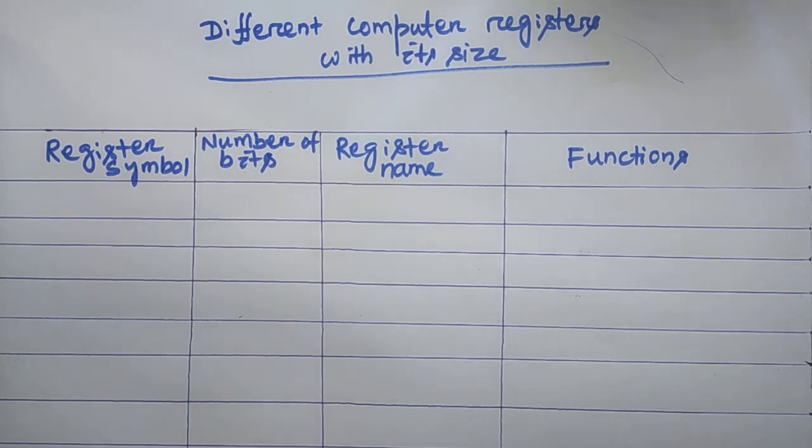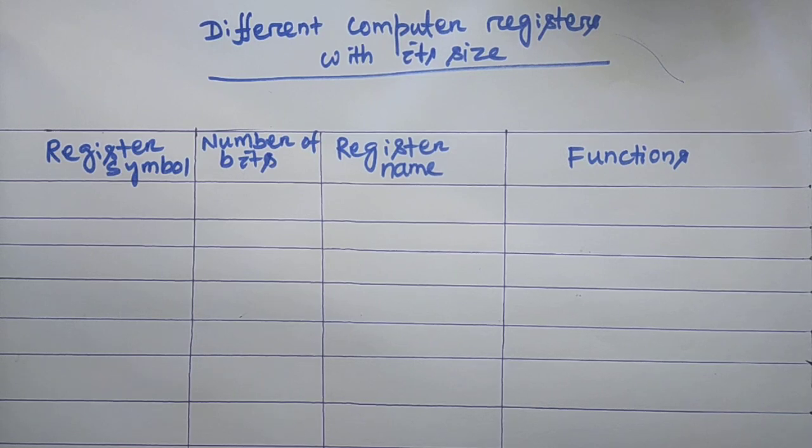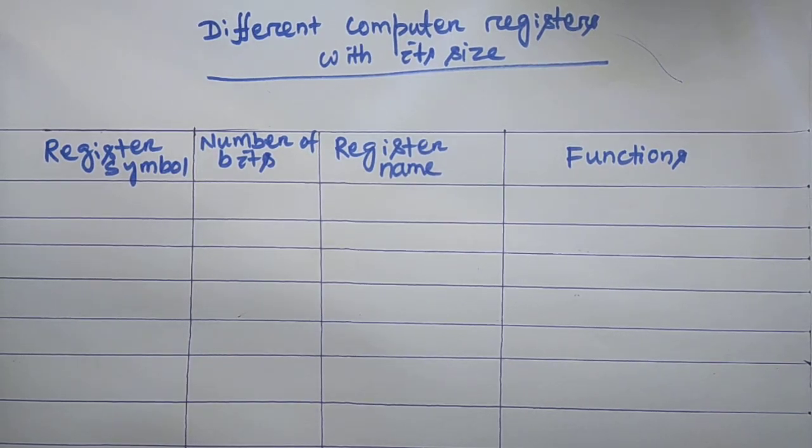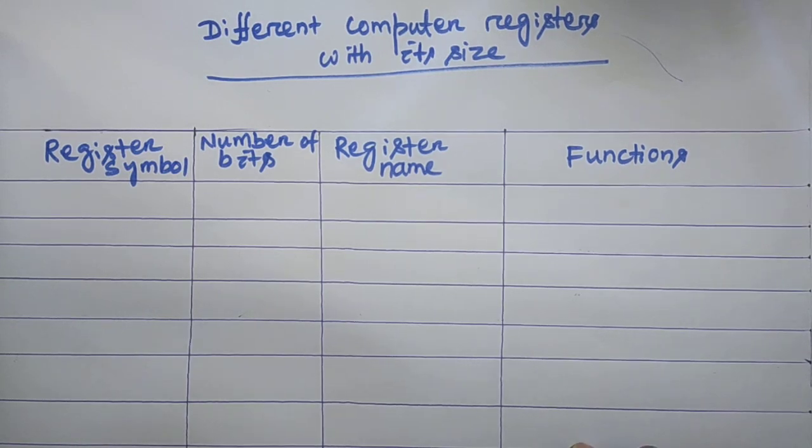If an instruction has 16 bits, then 12 bits of the instruction are needed for a specific address. We have already discussed this in the last lecture.